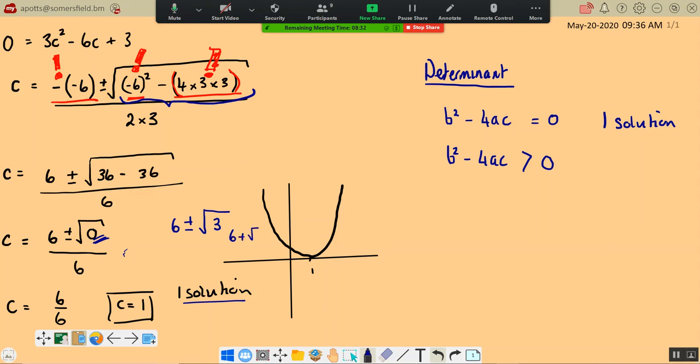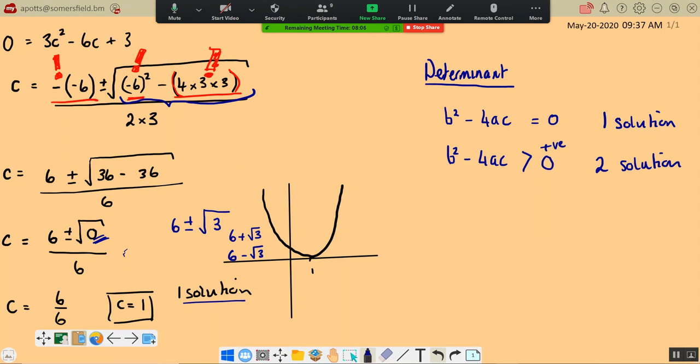I'm going to have 6 plus the square root of 3, but I'm also going to have 6 minus the square root of 3. By the way, did you all recognize that as vertex form, what we end up with? I'll take that as a yes. So if the determinant is greater than 0, a positive number, we're going to end up with two solutions.